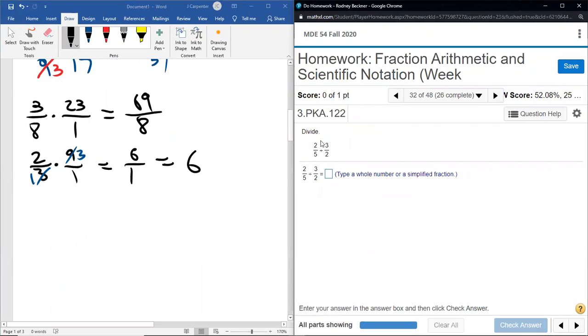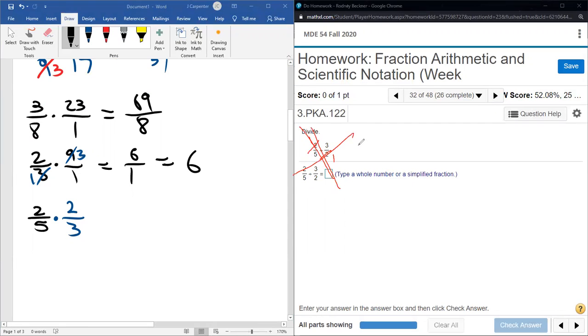All right. We mentioned that reciprocal earlier, and that comes up with division. Dividing by a fraction means multiply by the reciprocal. So 2 over 5, instead of divided by 3/2, I'm going to change that to times, and not 3/2, 2/3. So here's what some people will accidentally do that's a mistake. They'll say, oh, there's a 2 in the top and a 2 in the bottom. They cancel and just make ones here and here.